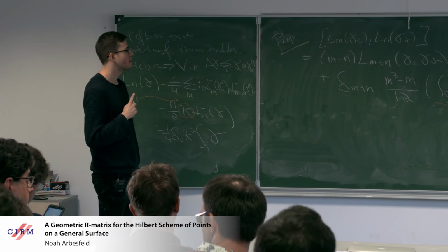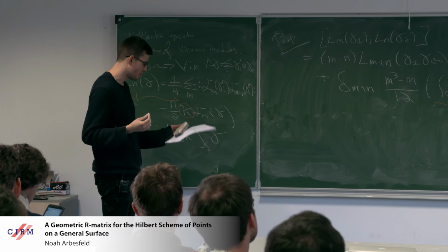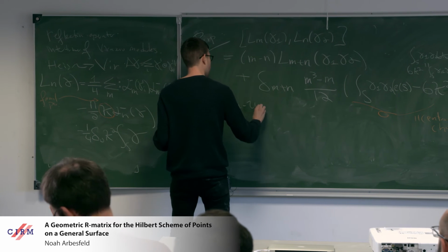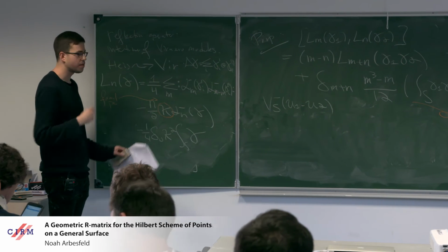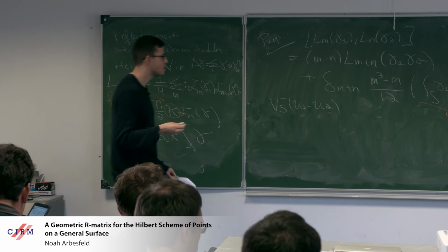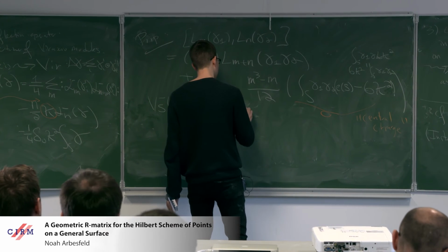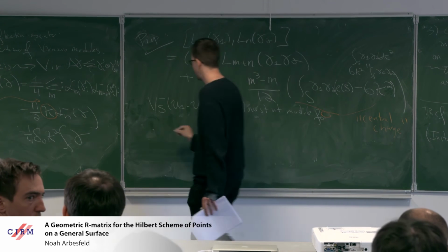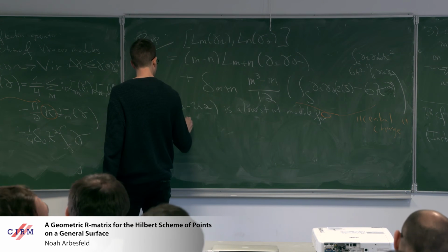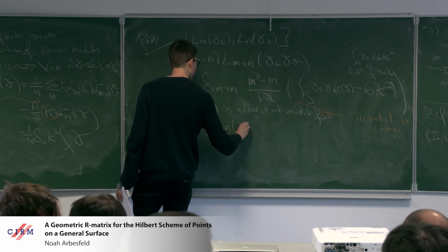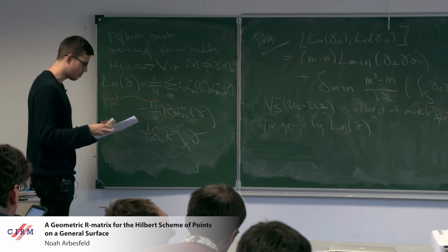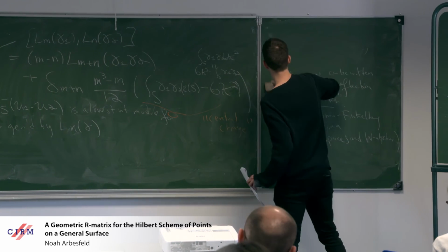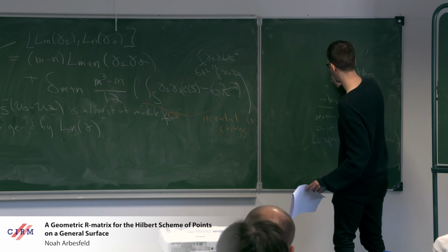If we want to classify Virasoro modules, we also need the conformal dimension, right? So this second factor, generated by these minus Heisenbergs, is a lowest weight module for this Virasoro algebra, generated by these Ln gamma. And to compute the conformal dimension, we need to compute how these zero modes act.